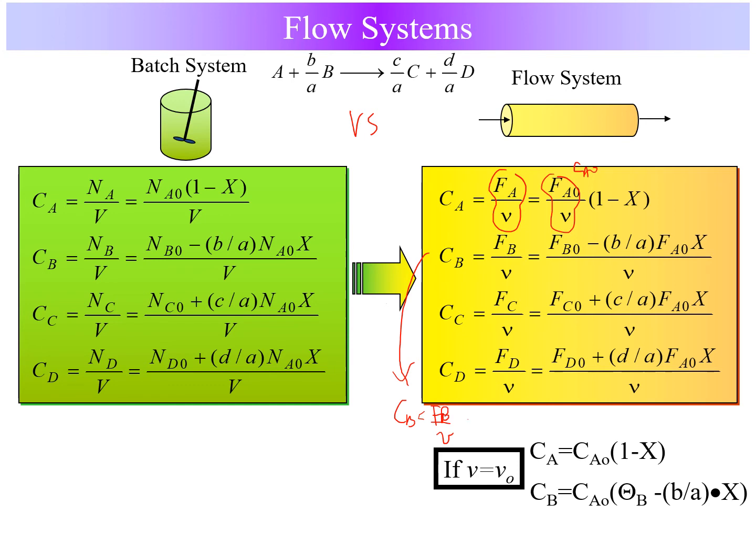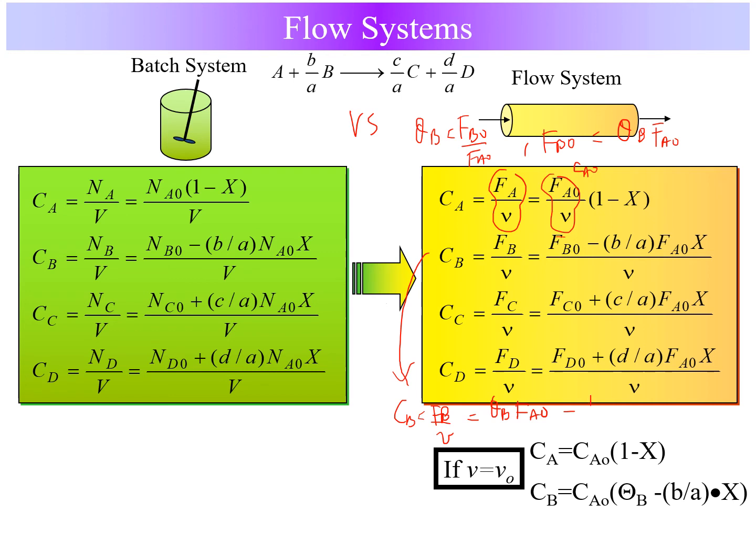Remember, theta B is equal to FB naught over FA naught, so FB naught is equal to theta B times FA naught.